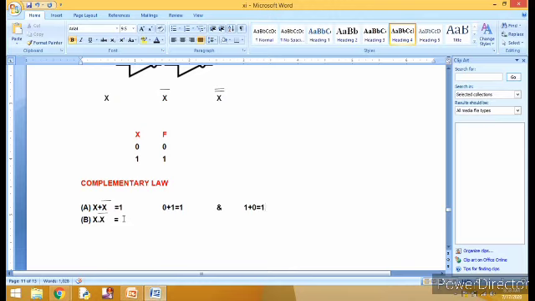Now the same thing, when x into x dash is equal to 0. Let us try this also. If for the first time the value of this x is 0 and it is passed through an AND gate with what? 1. So what output are you getting? 0.